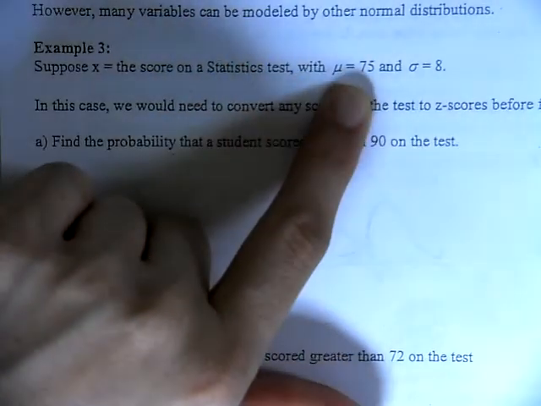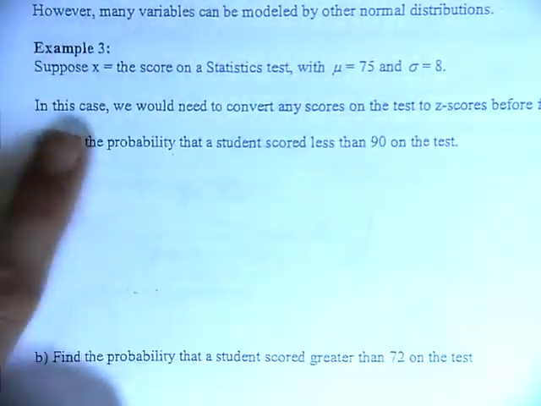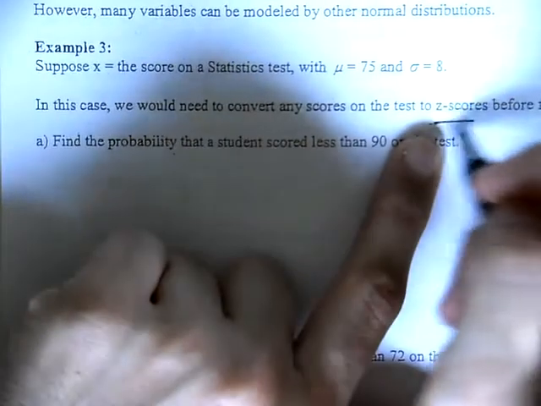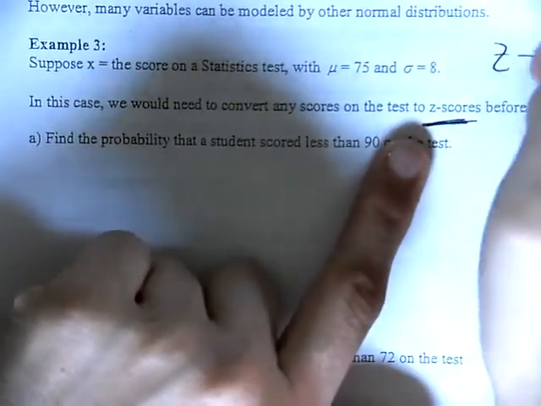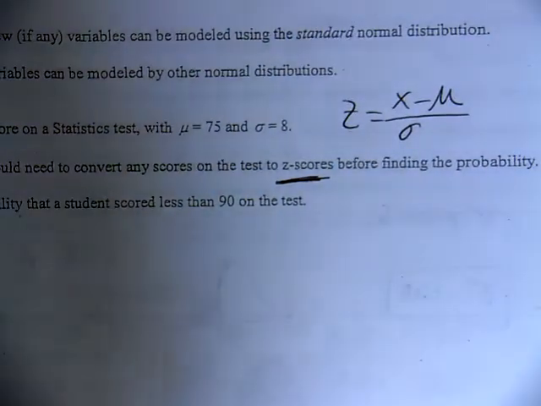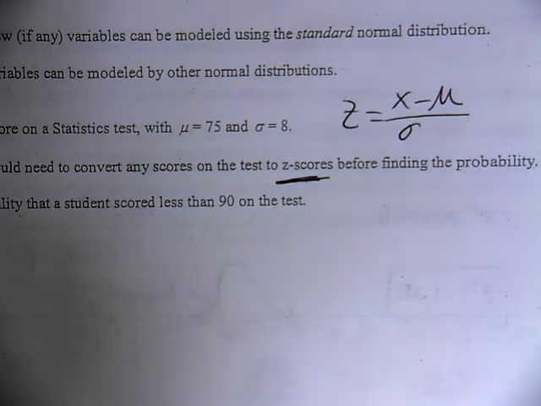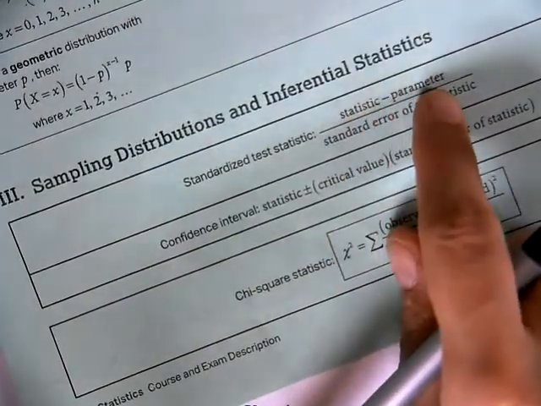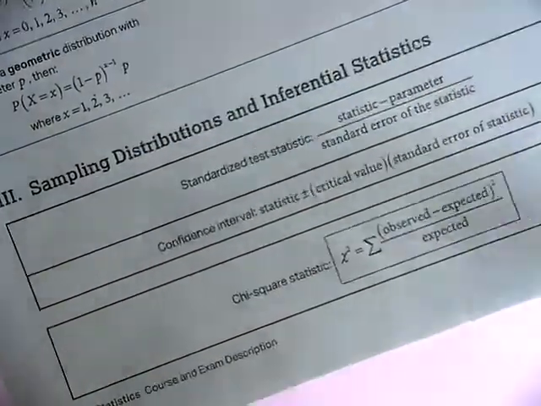The mean here is 75, standard deviation is 8. In this case, we would need to convert any scores on the test to a z-score. Again, your z is always X minus the mean over the standard deviation. Now that's not on your formula sheet, but you can kind of see it here. We'll get to this in second semester, but statistic minus parameter over standard error.